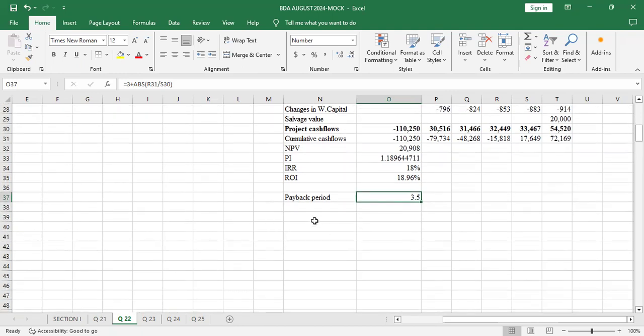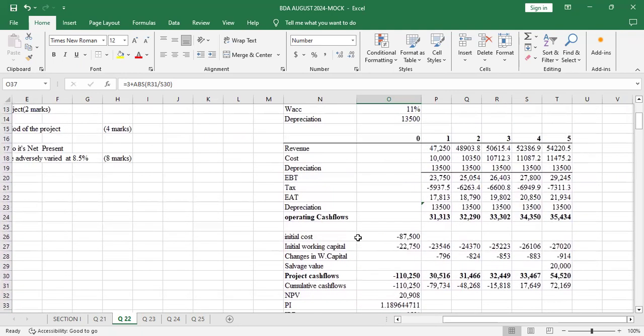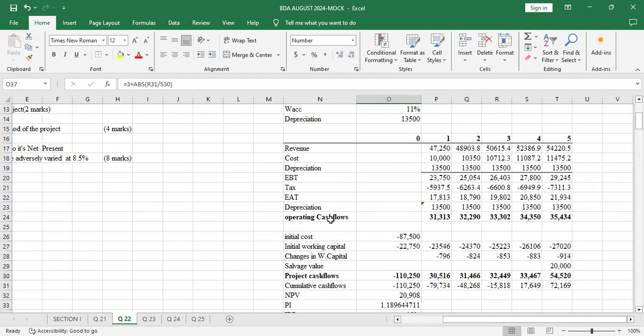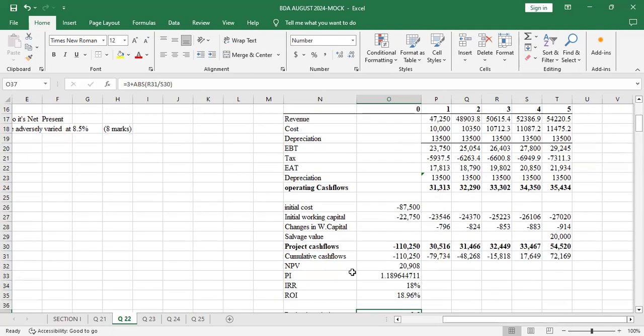So this is what you do. You determine the payback period by checking the periods, from 0 to 5, the 5-year period, against the cumulative cash flow, because you can analyze this only when you check where the cumulative cash flow changes from negative to positive.